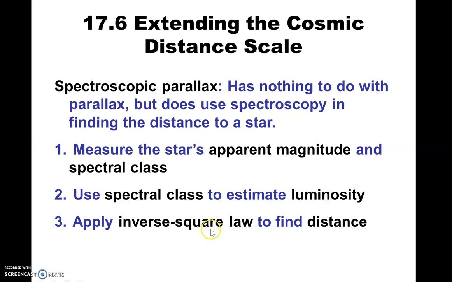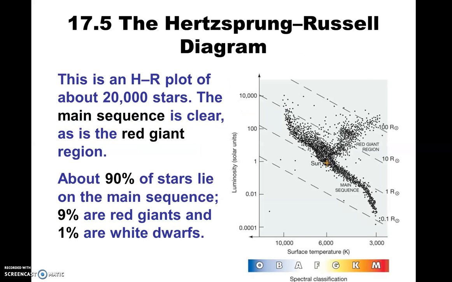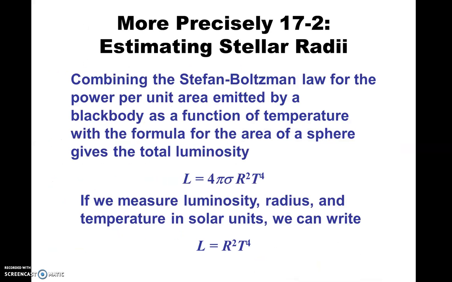All right. So once you've estimated the luminosity, the inverse square law can be applied. You've measured the absolute magnitude, so you can work out what the distance is. Let's go back just a couple of slides.